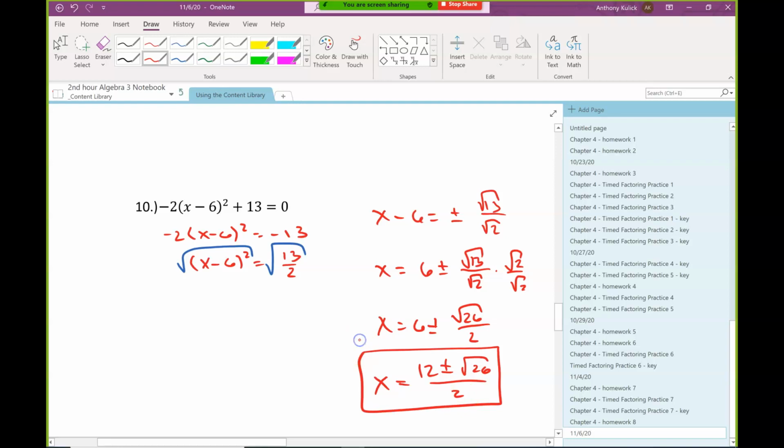This would probably be the way it would appear on a multiple choice test or something. But it's not any more correct than the previous answer was. I wouldn't make any difference between the two of them. Is that okay? Of course.